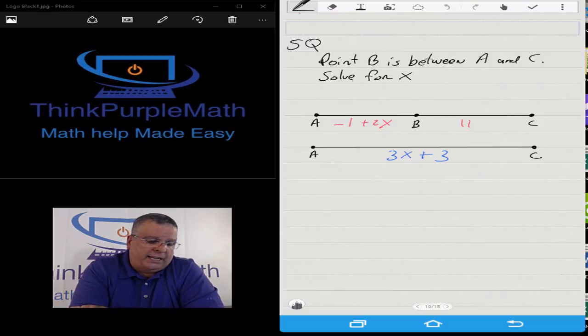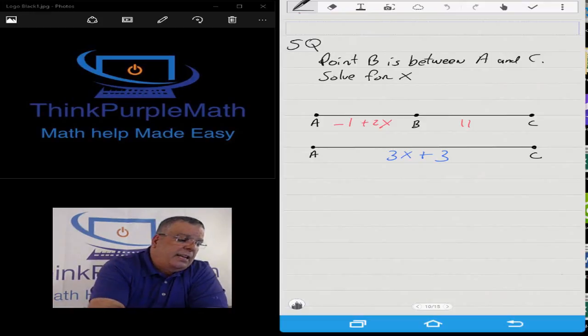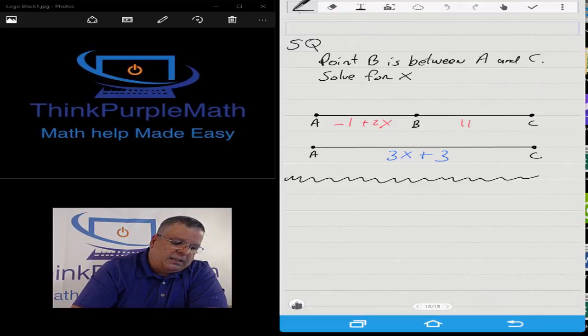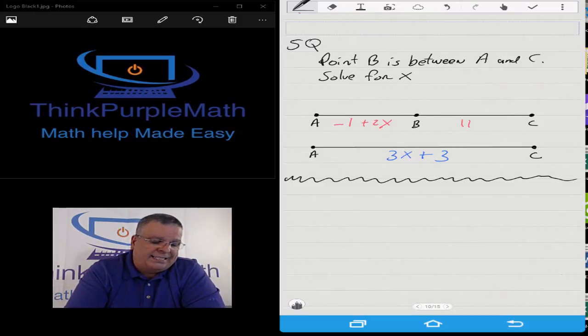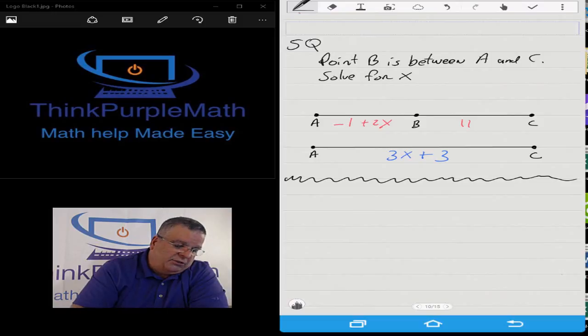So if you started to catch on with what the segment addition postulate states, the blue is equal to the sum of the two red segments. So that means that AC, in fact, we're just going to put in the algebra. 3x plus 3 is equal to negative 1 plus 2x plus 11.